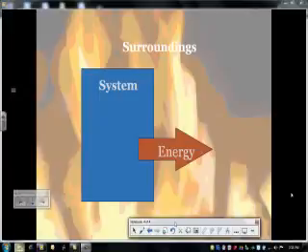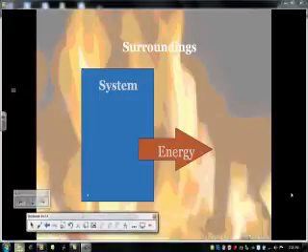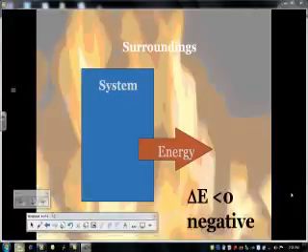Okay, well I made a diagram to make sure that we get this. So here's my system in the blue, and energy is leaving the system. And here are our surroundings, everything else that's not inside the blue box. First of all, our change in energy for the system is less than 0, it's negative, because the system is losing energy, like if I were to lose money.